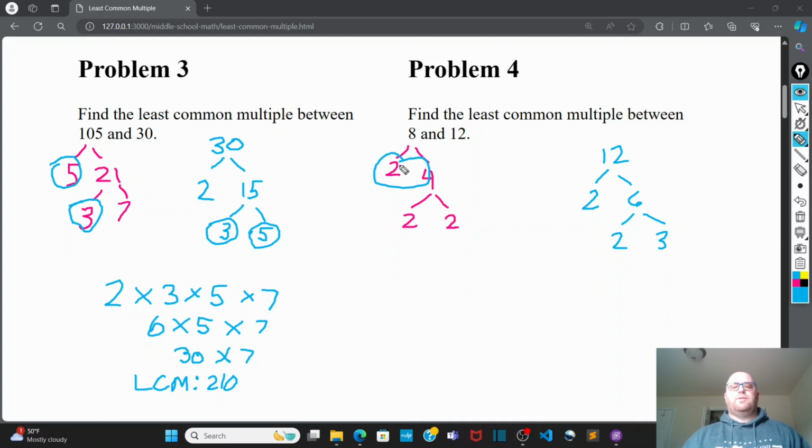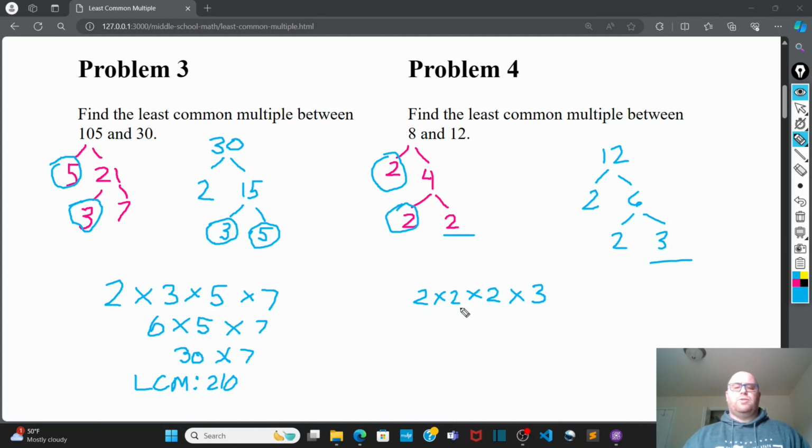So we're sharing this 2 and this 2. And then we also have to add this 2 and this 3. So I'm going to write 2 times 2 times 2 times 3.